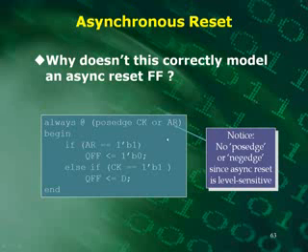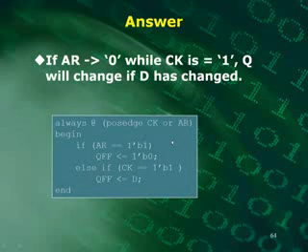Okay, so here's another example to think about why this doesn't correctly model an asynchronous reset flip-flop. In this case, we've said, okay, on either edge. Maybe I'll draw it out for you.